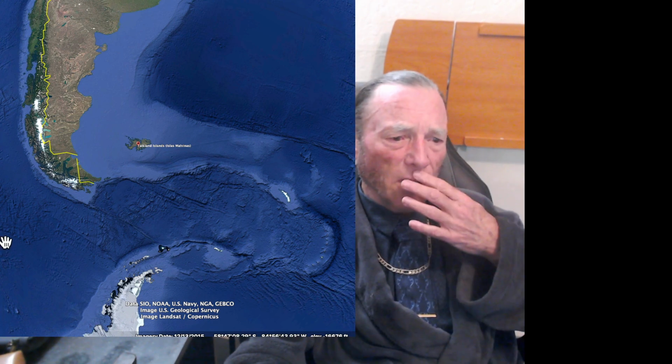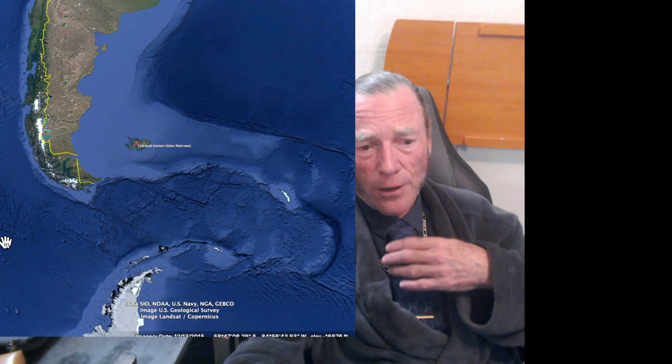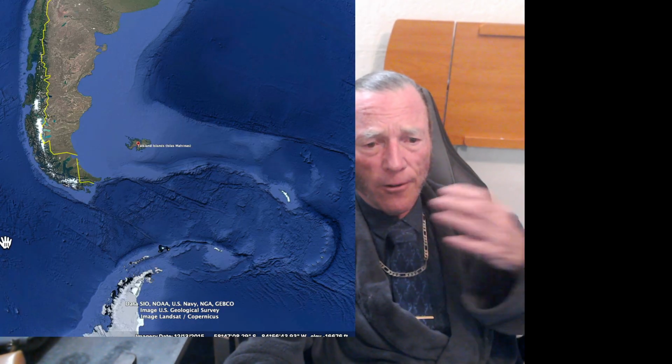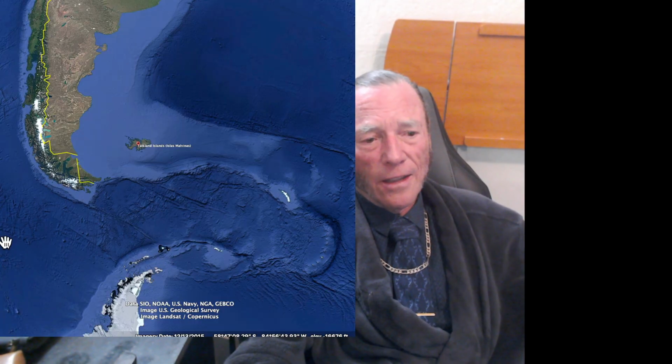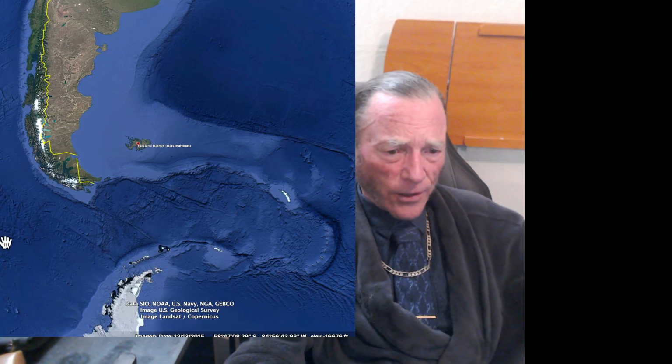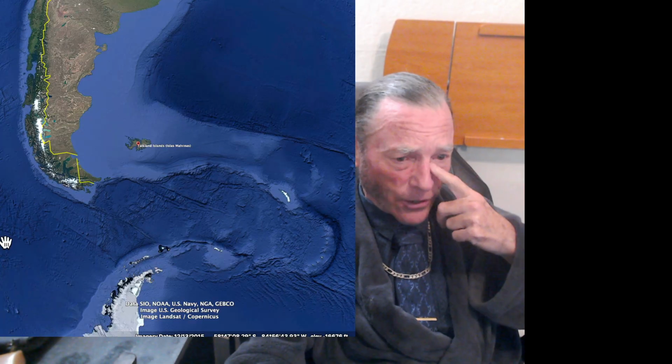And in recent times, actually within the past 30 years, if I'm not sadly mistaken, from what I just found out about this month, there was another strike that's been discovered. The iridium signature is there.